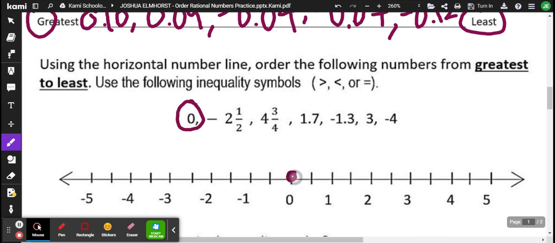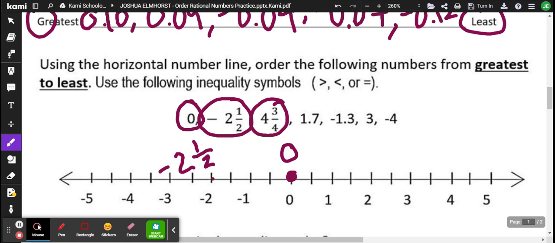Here we have 0, label it, negative 2 1/2. So you're going to go negative 2 and then 1/2 past it. This is a negative direction. And we have positive 4 3/4.